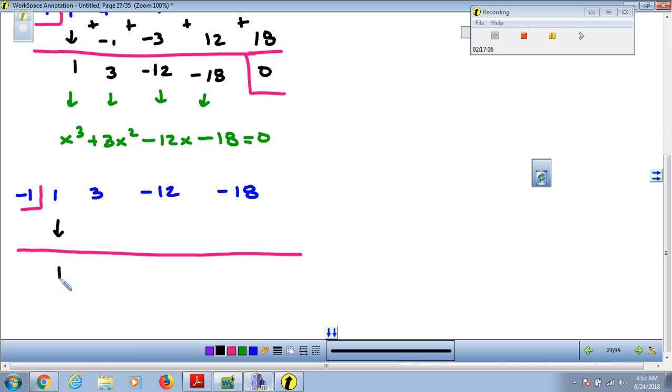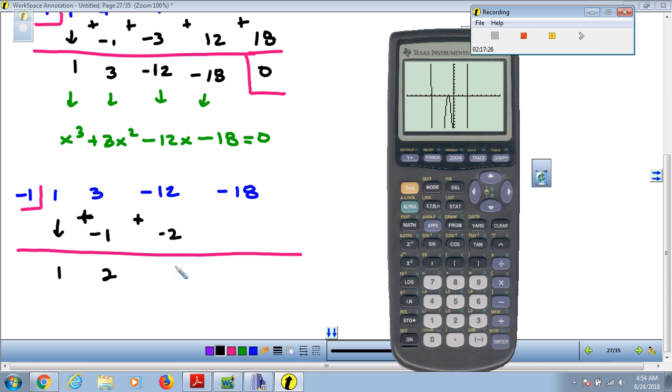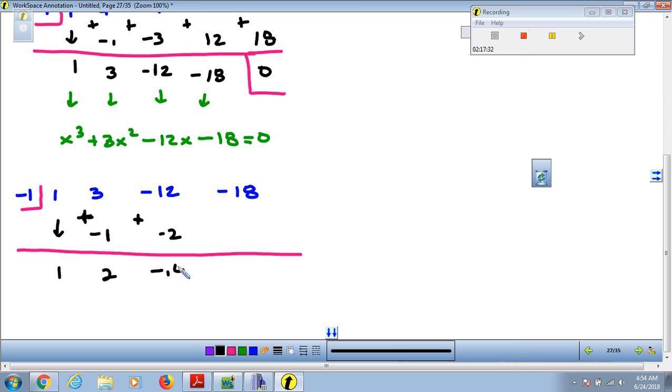So I bring down this 1, negative 1 times 1 is a negative 1. I add these two numbers, and that's going to be 2. Negative 1 times 2 is a negative 2. I add these two numbers, and that gives negative 14.